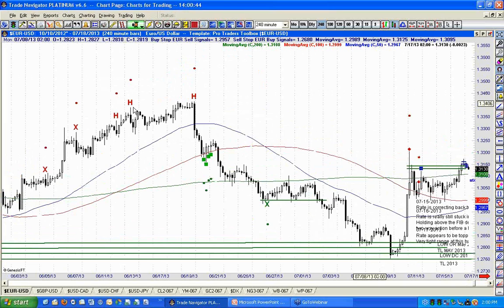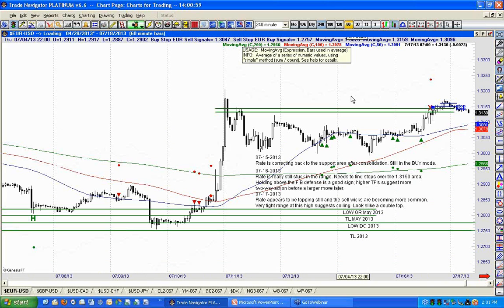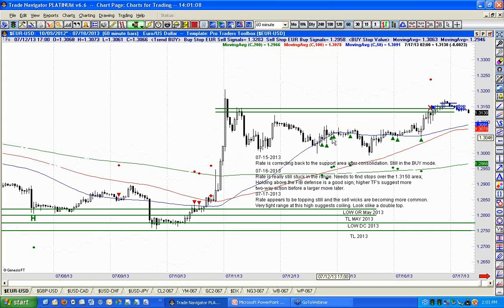Oftentimes a reversal pattern will have, like this H will have an X above it, or you'll have a blue diamond with an X or a blue diamond with an H. Very rarely will you get HX with a blue diamond, HX and E. But in any case, the point I'm making is that stacked signals and clustered signals are more reliable. Like here's a sell signal out here all on its own. That's less reliable than a buy signal where out of 6 bars, 4 of them have a signal working. You know what I mean?